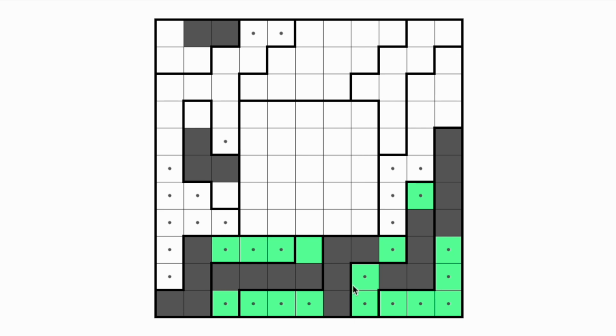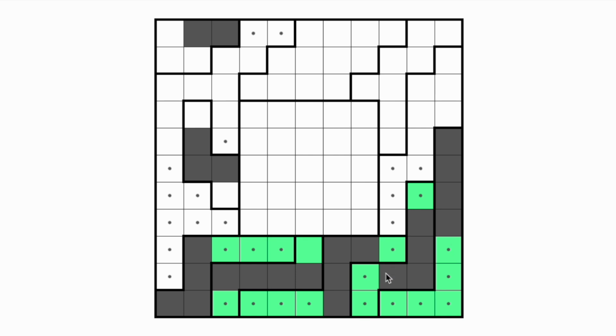Oh, but it's done a great thing in separating these cells from here. I don't know exactly when that happened. It's been that way for a while. I'm just going to rewind a little bit. It's been that way since we did that, but I just didn't see it at the time.